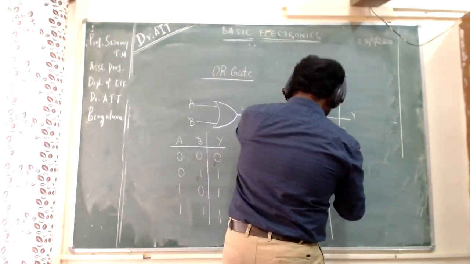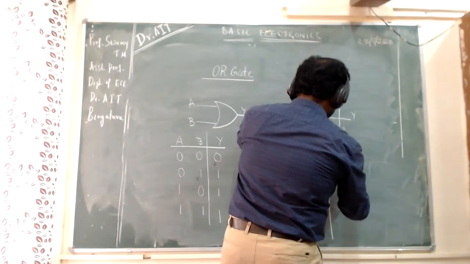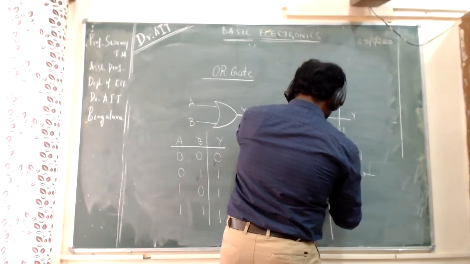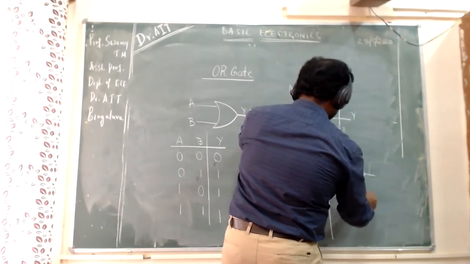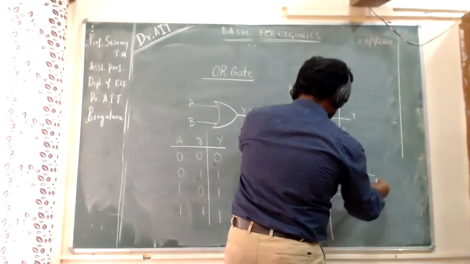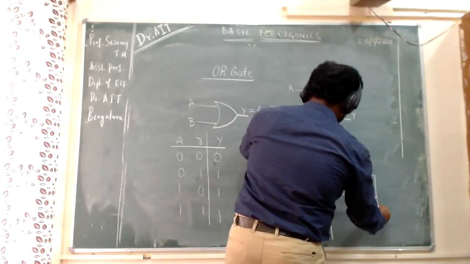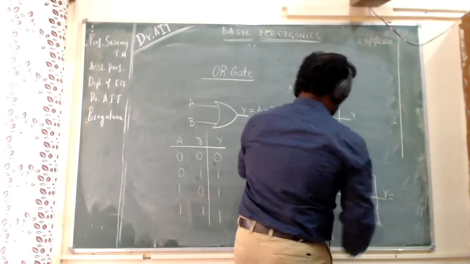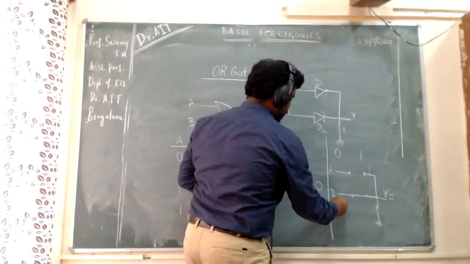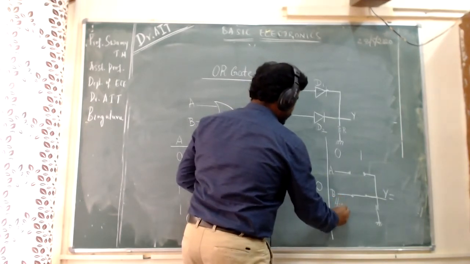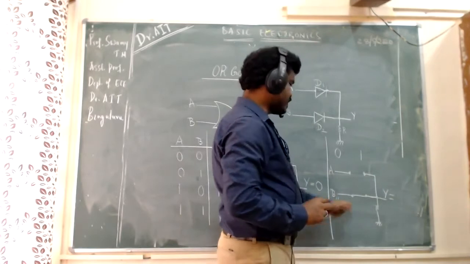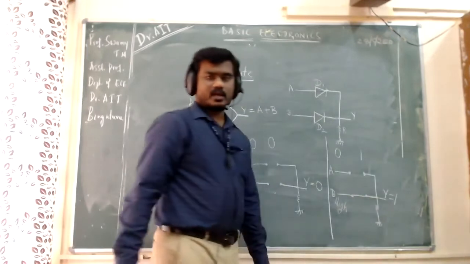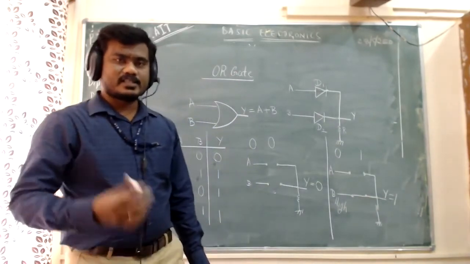For this case, I am representing it like this: for A it is open circuited, and for B it is short circuited, and the circuit looks like this. Now what is the output? Since B is logic high, this high voltage is connected to the output, so the output is logic high. This is for the second case.